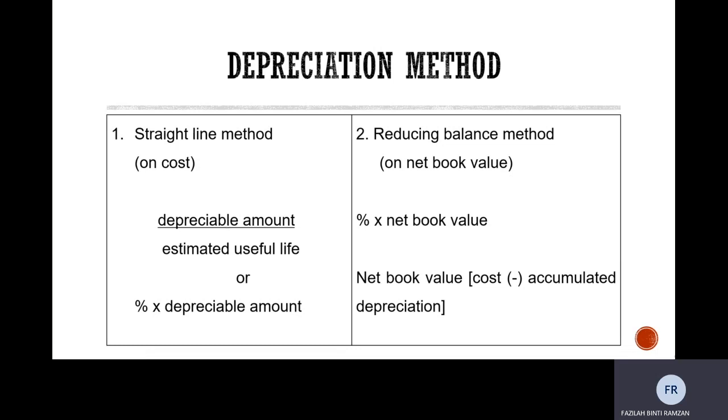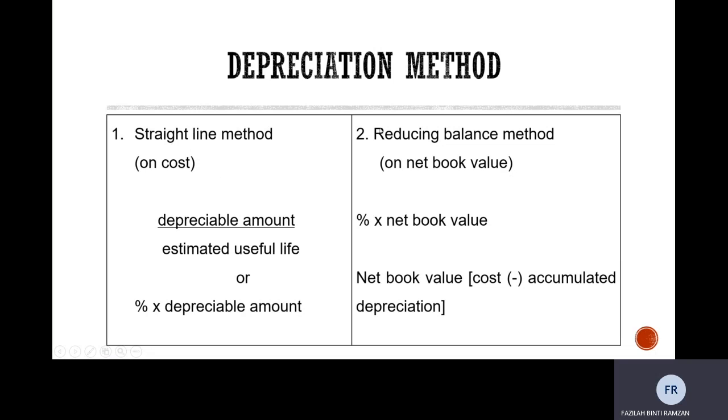Divide by estimated useful life, maybe estimated to be used for 5 years, 10 years. Or it can also be a percentage given, 10%, 5%, times the depreciable amount, which is the cost less scrap value if any. If no scrap value, we use cost.